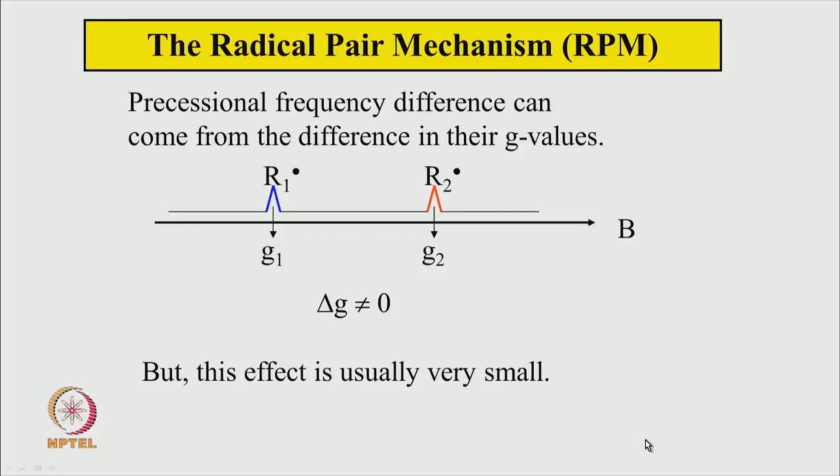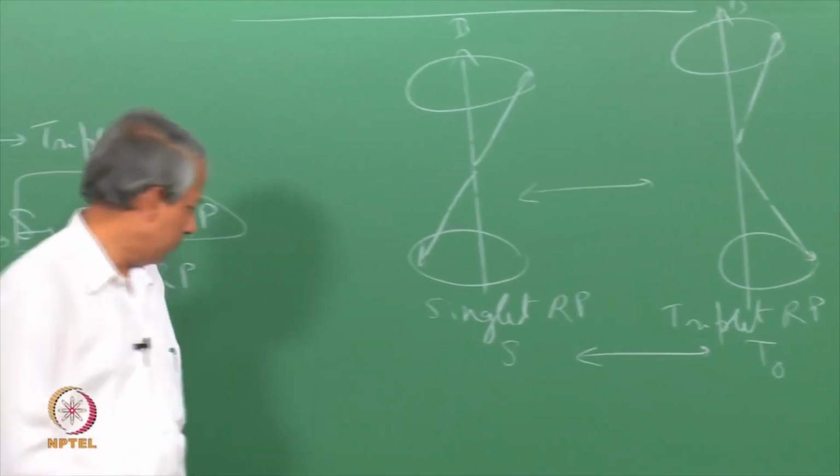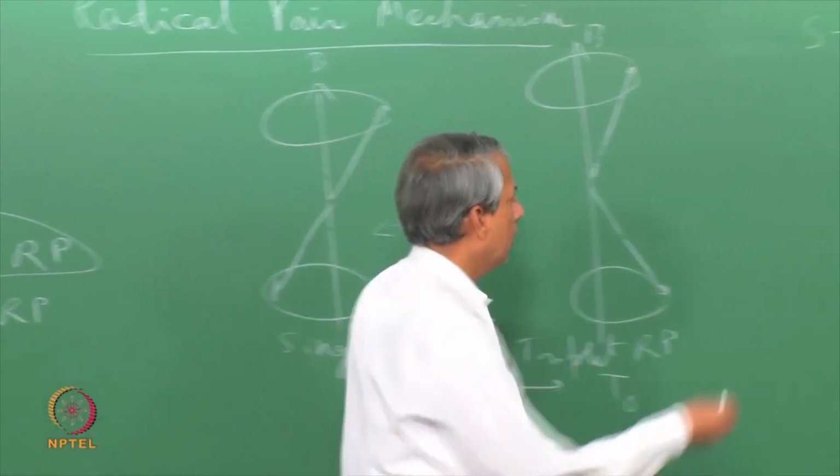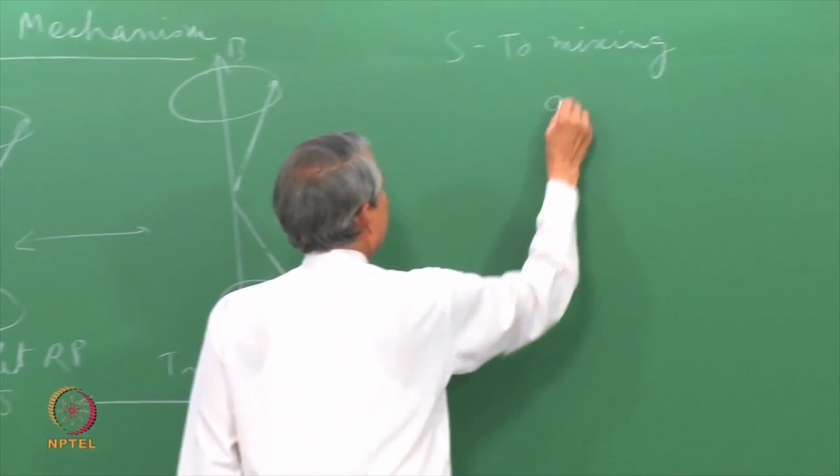So, all that is necessary is a difference in the precessional frequency. Which one decides the precessional frequency difference? The individual precessional frequency is given by the Larmor frequency type of thing.